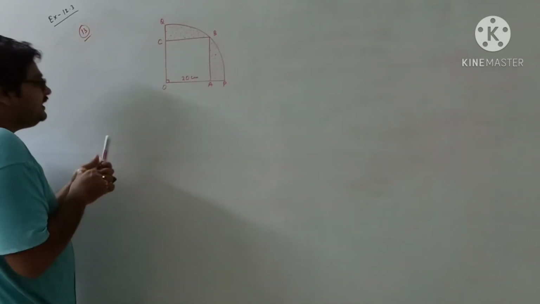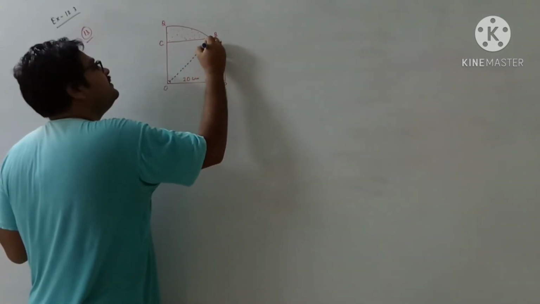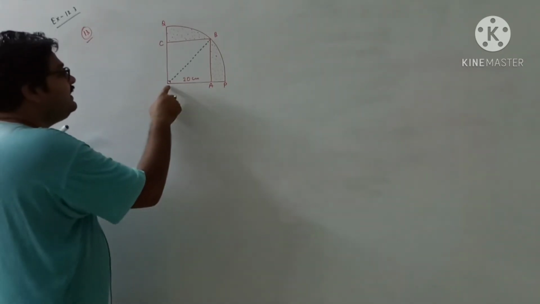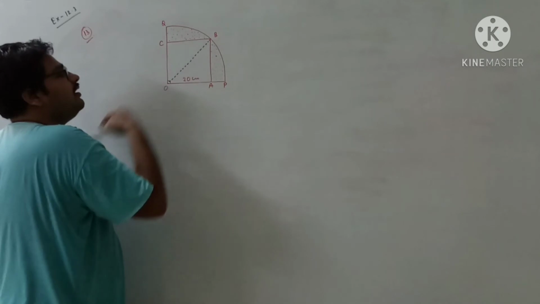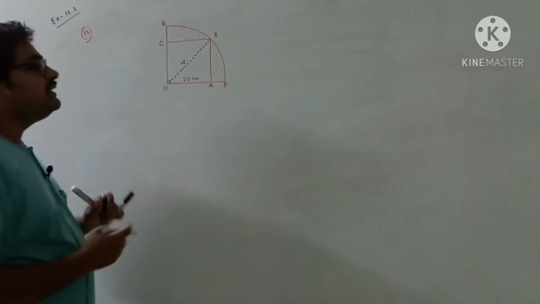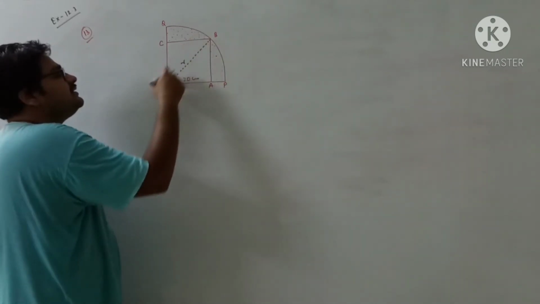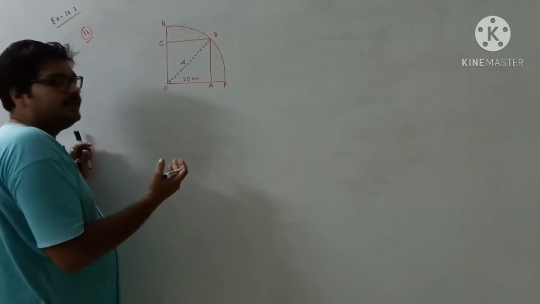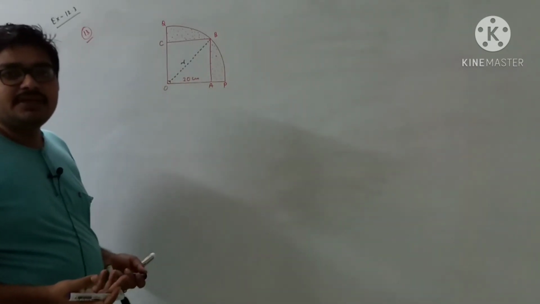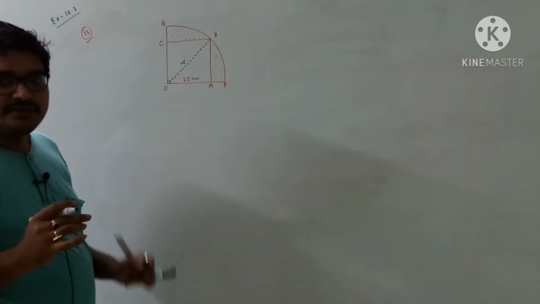One thing to see, the diagonal of the square is the radius of the circle, because center to circumference distance is called radius. Correct? Center to circumference distance is called radius, you know. So if I can find out the diagonal of the square, that will be the radius of the quadrant.